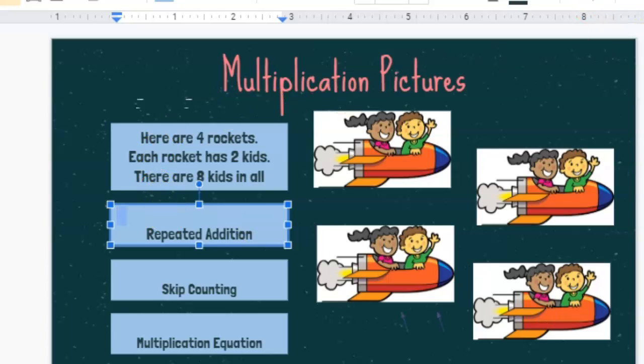Okay, the repeated addition sentence would be 2 plus 2 plus 2 plus 2, because I have 4 pictures with 2 in each, so I have 4 2's, and that equals 8 kids.